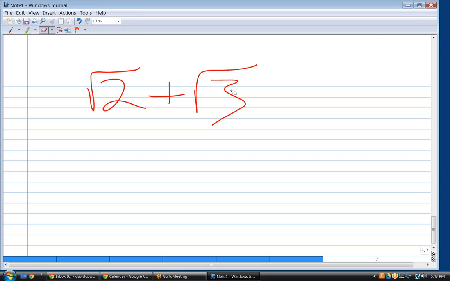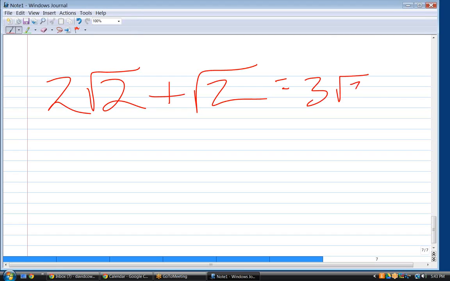What's this? Now I got all apples. I got 2 apples and 1 apple. How many apples do I have? 3. And the apple is square root of 2.